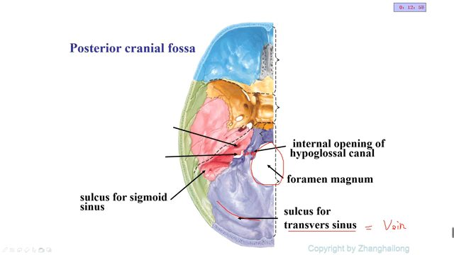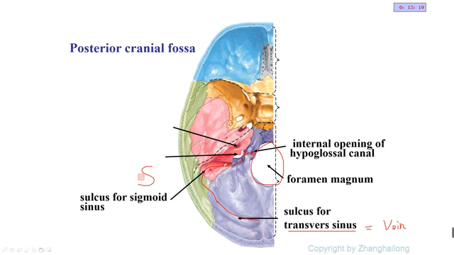And continue. This one is the groove for the sigmoid sinus, like here to here. There is another sulcus, the sulcus for the sigmoid sinus. What's sigmoid? S shape. Yes, S shape.